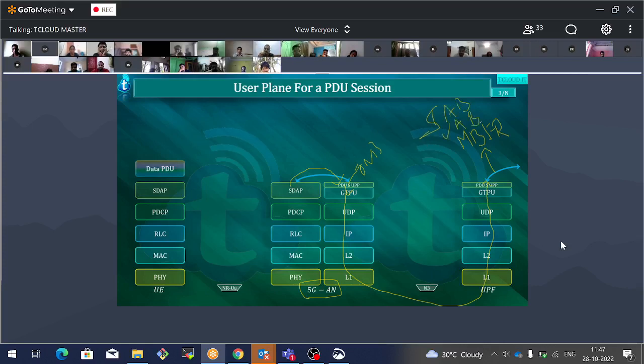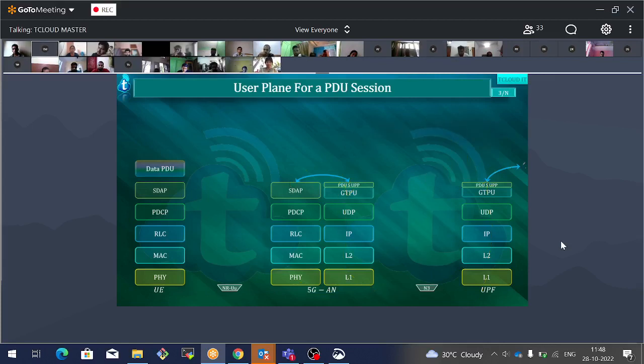If you cross those values, again those packets will be dropped for non-GBR QoS flows. For GBR QoS flows, it is MFBR, not MBFR: maximum flow bitrate. If it crosses the MFBR, then the packets would be dropped as part of packet policing.